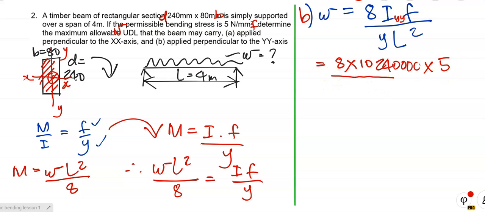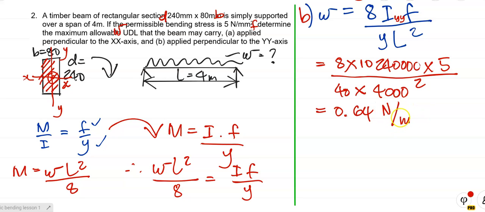Divided by Y. Y is D over 2, but D is now equal to 80. So it's 40. Times 4,000 squared, not 4,000 millimeters squared. Work out the answer. Check my answer, and you should get 0.64, and it's a UDL. It's newtons per millimeter.